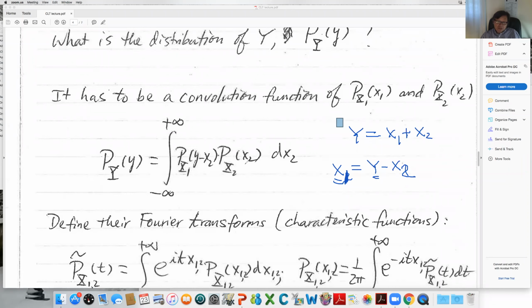So remember, the distribution basically gives you a probability distribution.